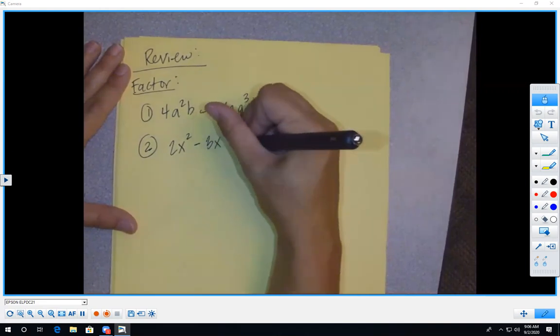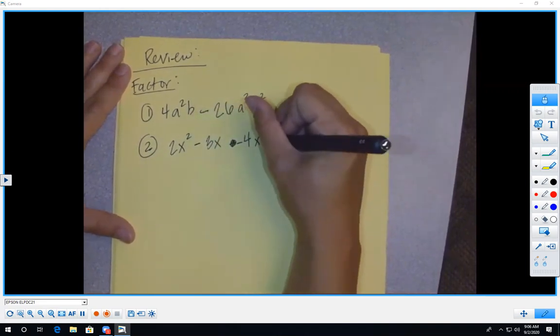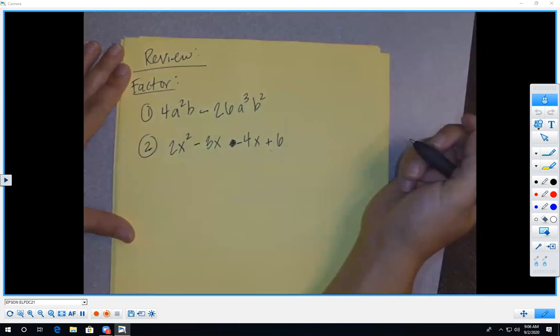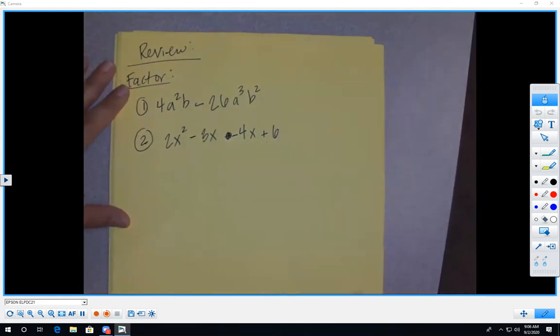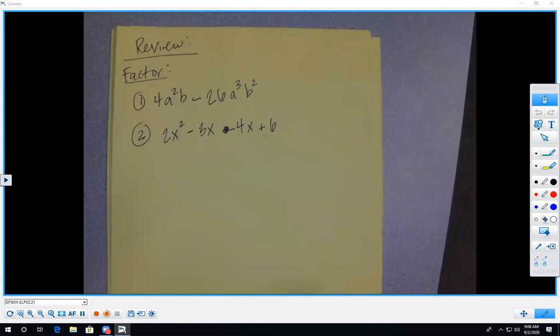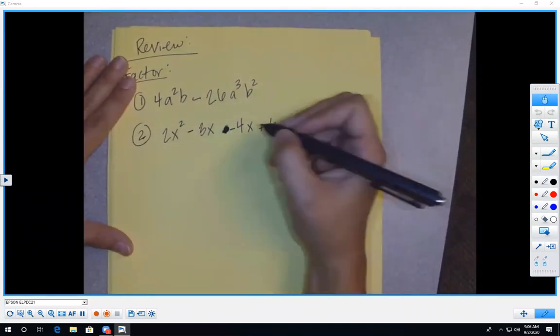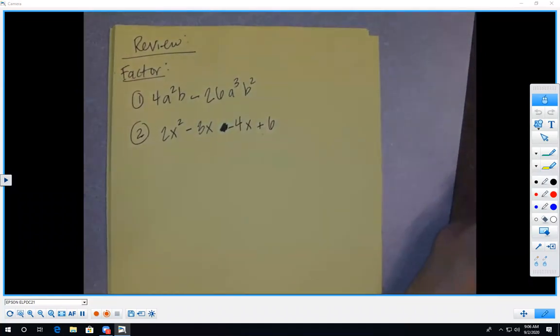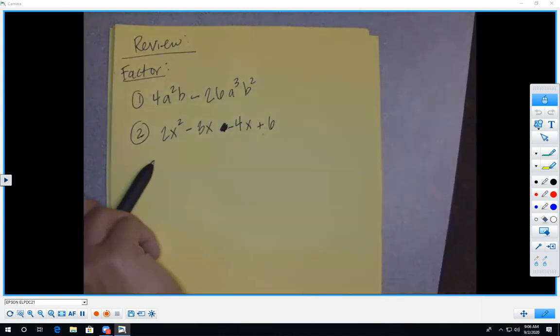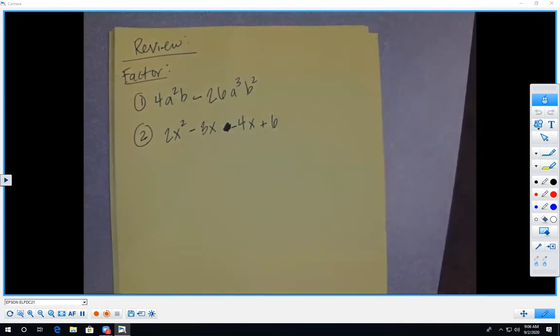The second one, sorry, I messed up, is 2x squared minus 3x minus 4x plus 6.